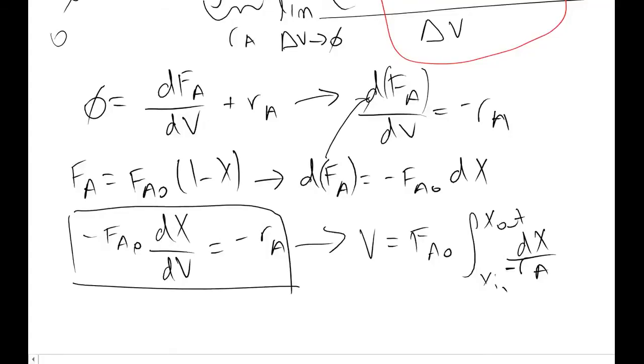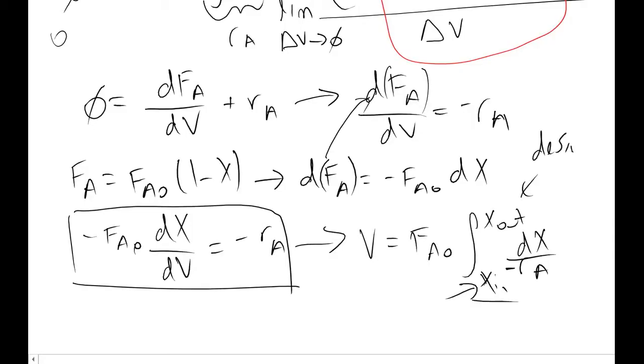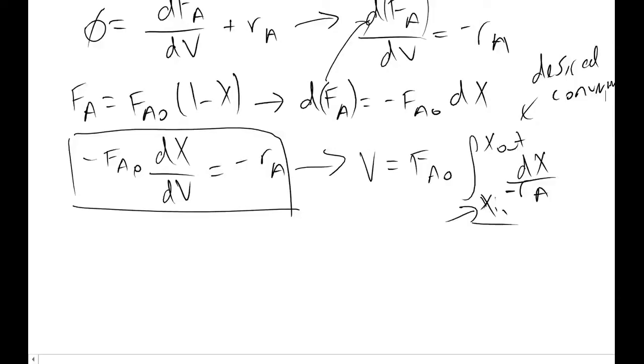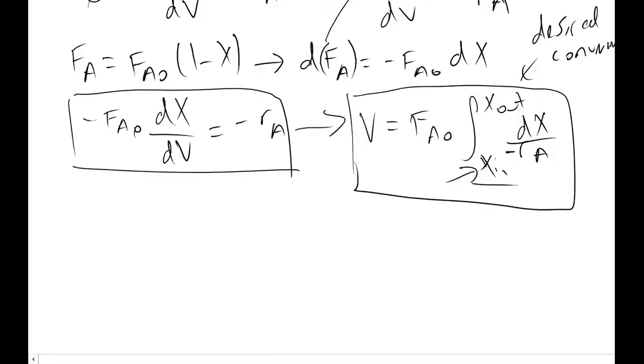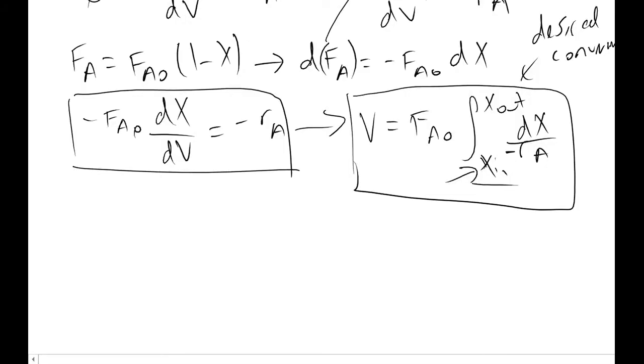So commonly what we will find in practice is that X in is equal to 0. So if we have no reaction occurring before it's entered the reactor, this term usually equals 0. X out will be the desired conversion. And on a problem or in the real world, what we do next, once we've arrived at this equation, is make the substitution in for minus RA, because RA, your rate of reaction, is a function of conversion.